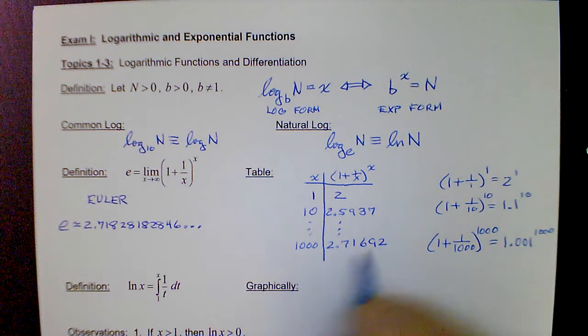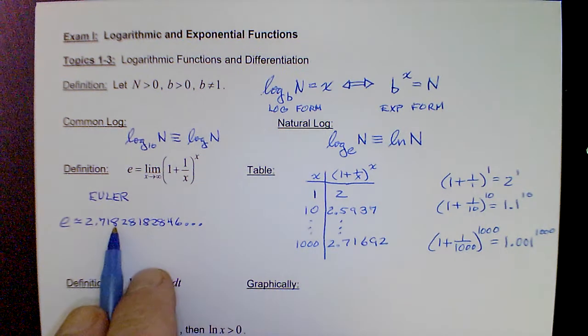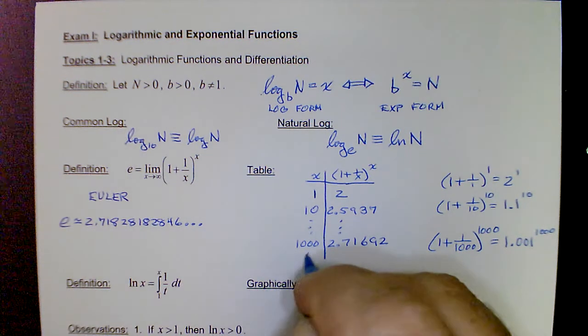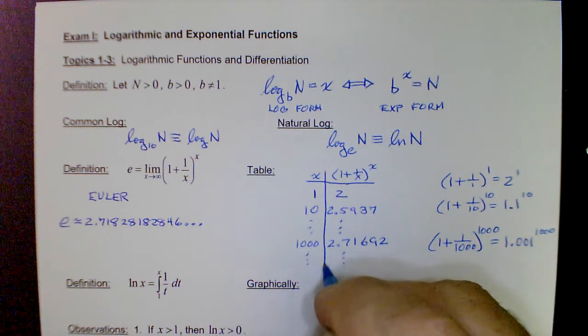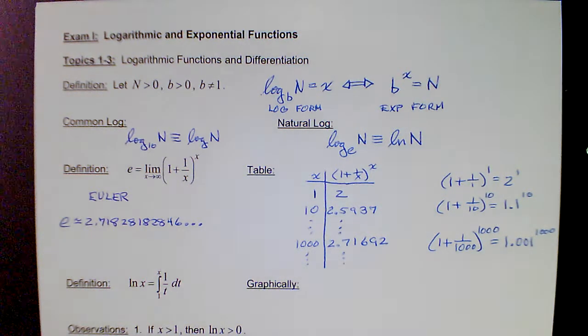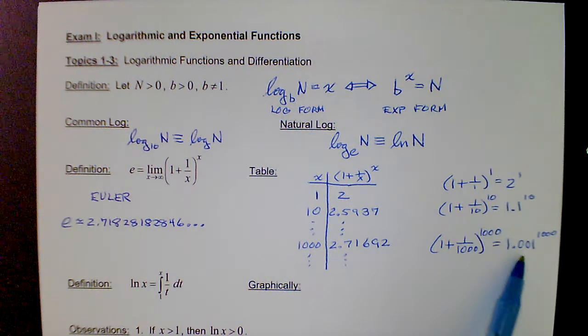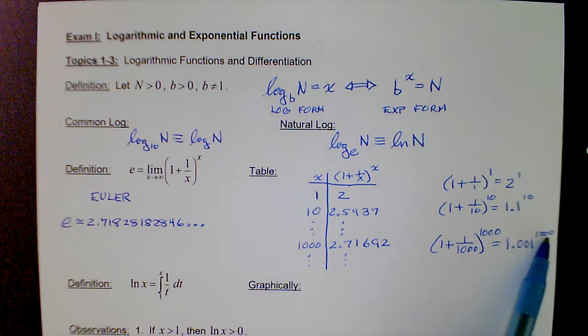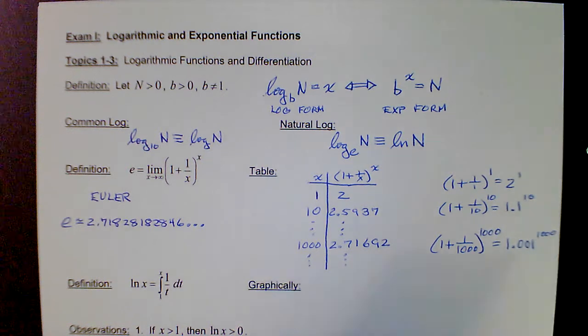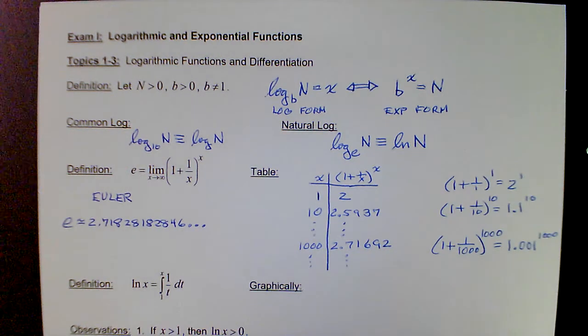So you can see right away, even at just 1,000, we're becoming pretty close to this number E. And the higher you go, the more accurate you're going to get. It's kind of interesting how, as the base of this expression converges to the number 1, and the power of the expression increases without bound, this expression provides us with this very special number.